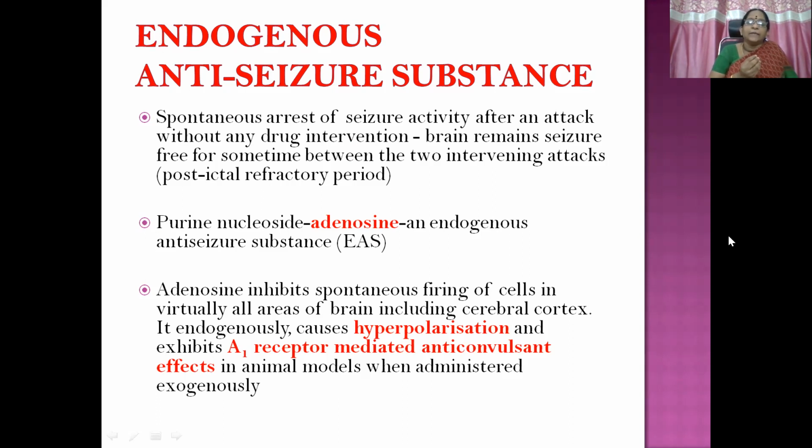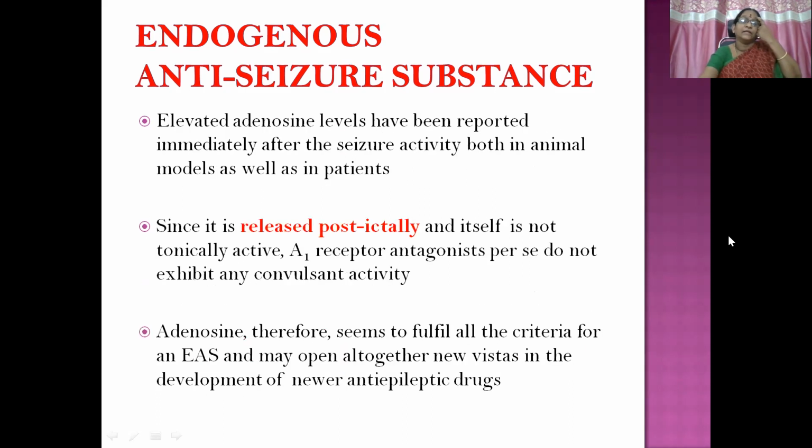So it causes hyperpolarization and exhibits A1 receptor mediated anticonvulsant activity. That is described in case of animals exogenously. Okay. Elevated adenosine levels have been reported immediately after the seizure activity, both in animal models and in patients.